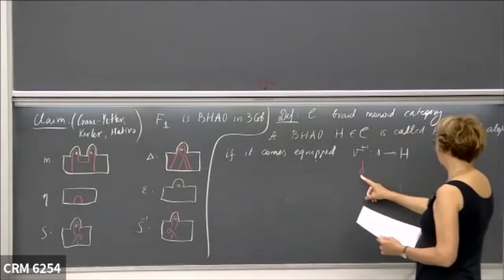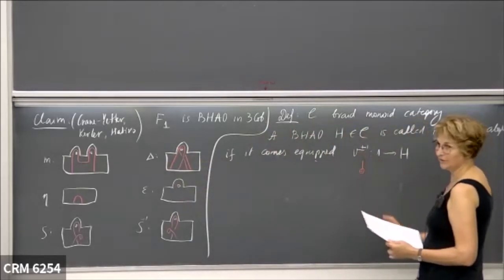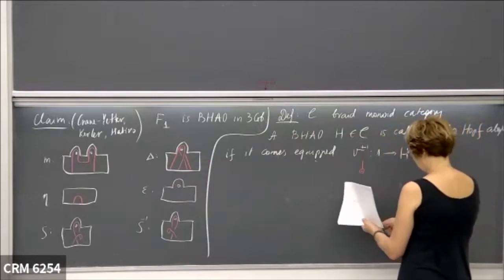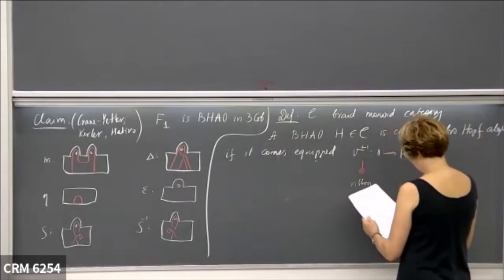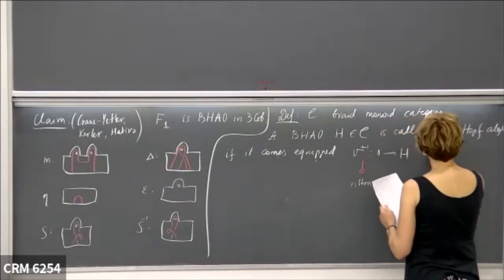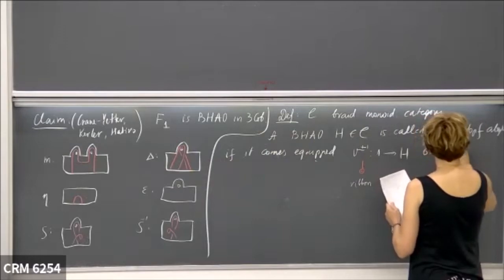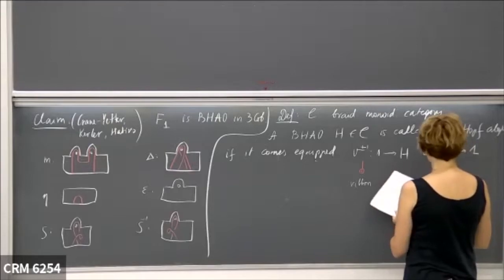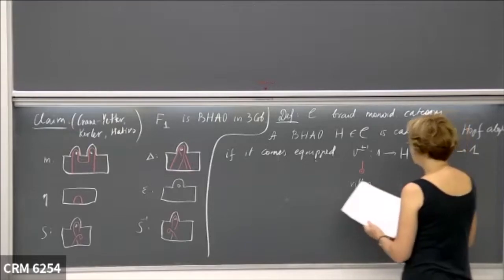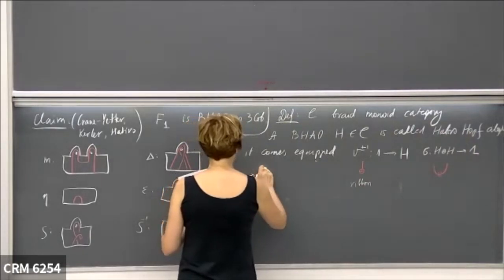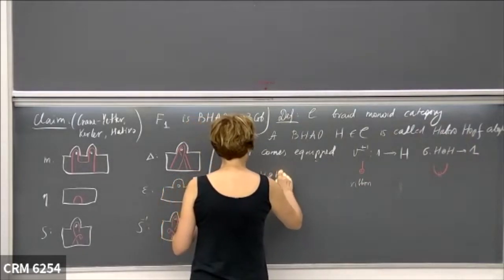Then there is the inverse even element, so this is a Hopf-even. And then we need the Hopf pairing from h⊗h to 1, which is denoted like this, and the Hopf copairing sigma bar which goes from 1 to h⊗h, which is denoted like this.